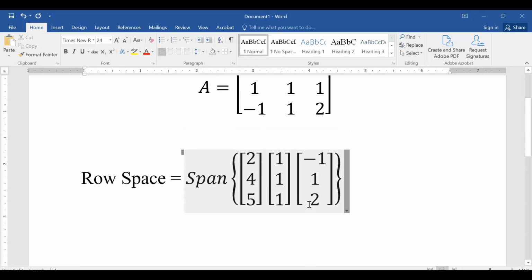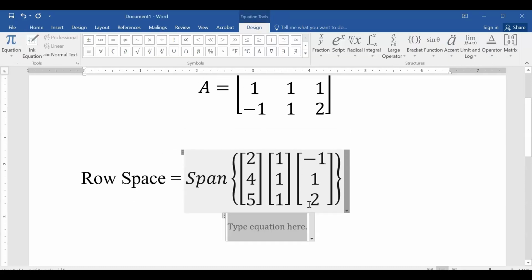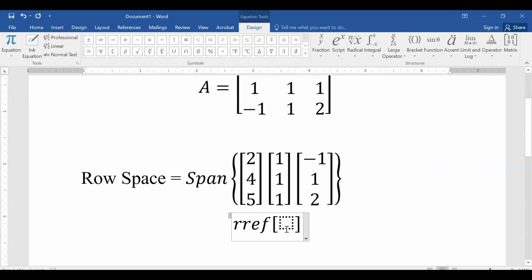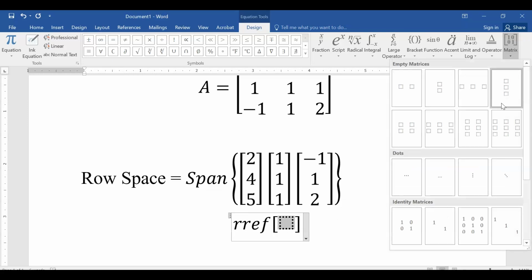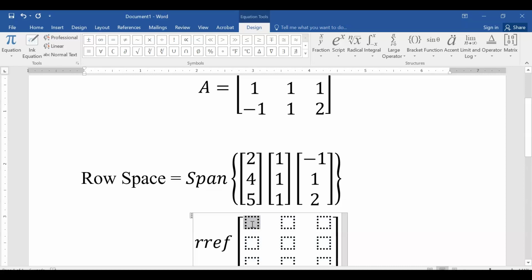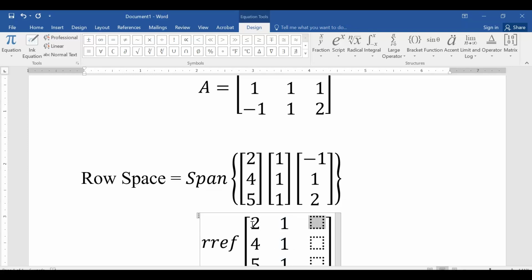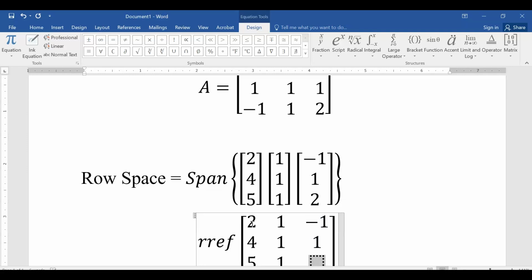So what I would do to do that is I would take the row reduced echelon form of this matrix: 2, 4, 5, 1, 1, 1, negative 1, 1, 2.